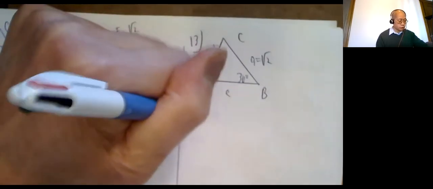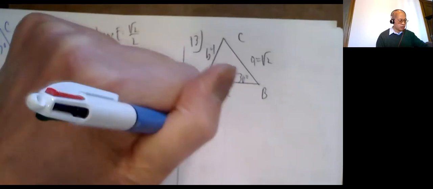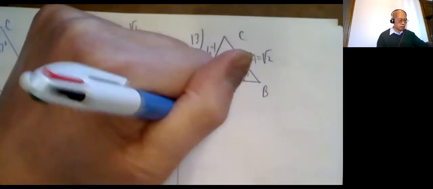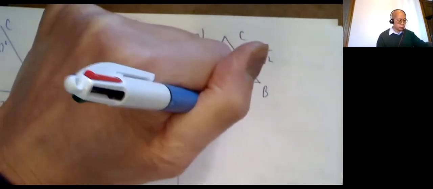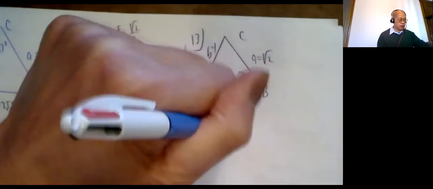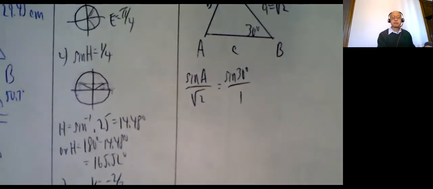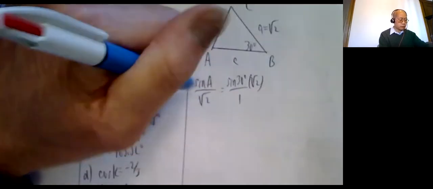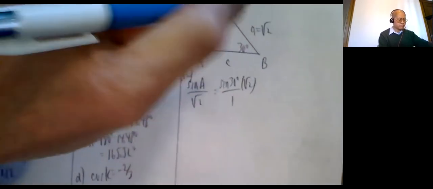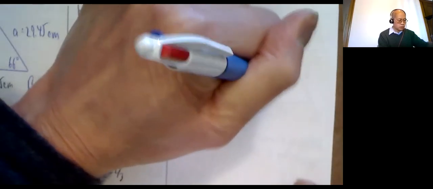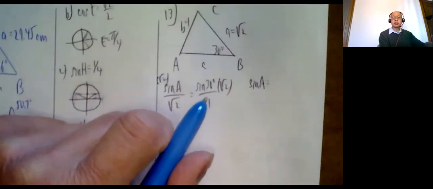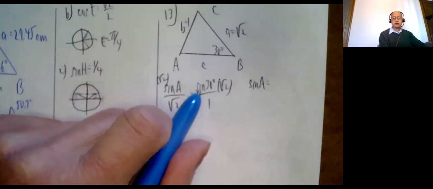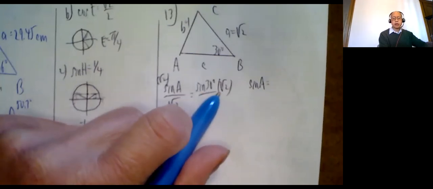So here we go. Sine of A over little a, radical 2, equals sine of 30 degrees divided by 1. Well, if you divide by 1, you don't have to do anything. Multiply both sides by radical 2. Sine of A is sine of 30 degrees, a half, times radical 2, radical 2 over 2.